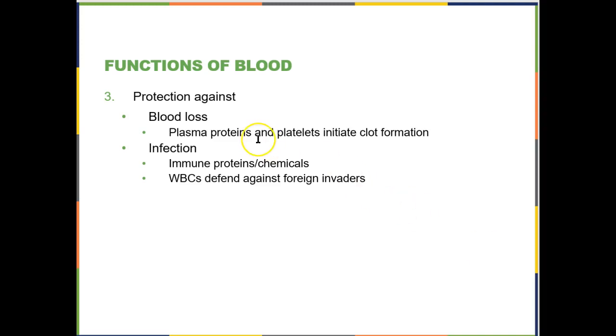And then it's got cells and proteins within it that help protect against blood loss, and then it also carries the cells that make up your immune system. So your white blood cells are primarily what your immune system is.